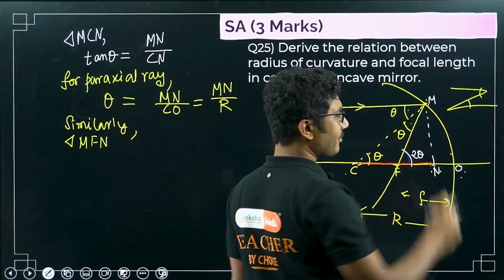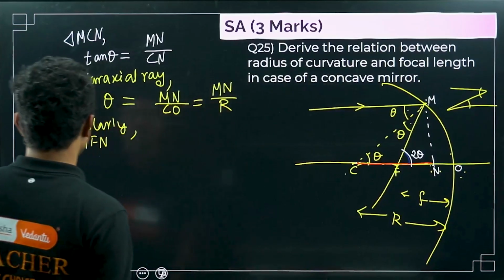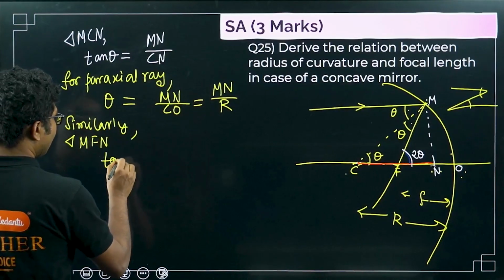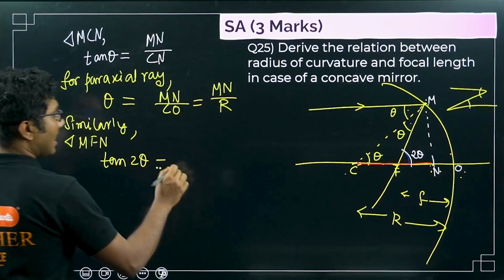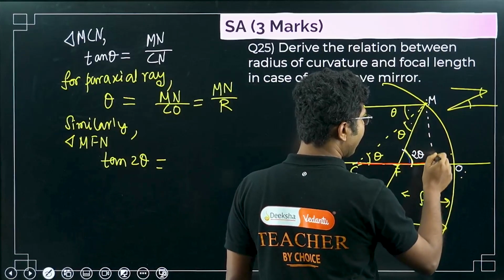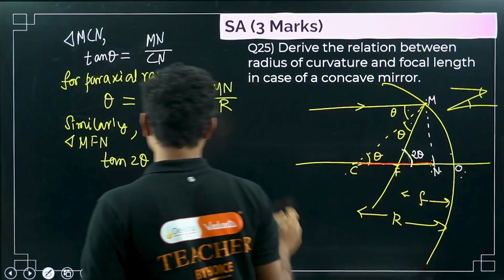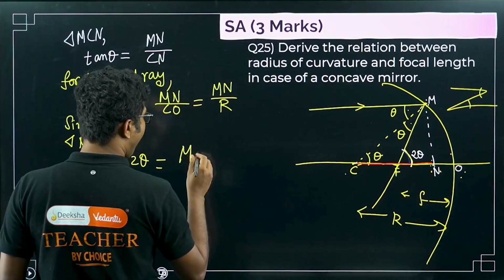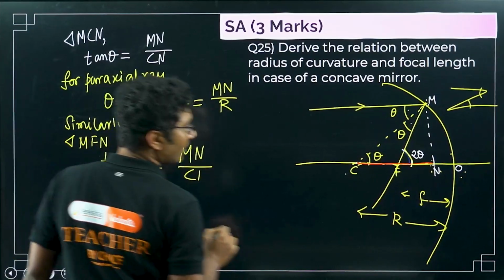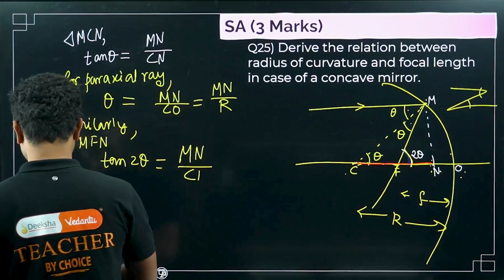These two triangles only you have to consider, nothing else. From the triangle MFN, tan 2 theta, where this is the 2 theta angle, means perpendicular by base. Perpendicular is again MN, and base is FN.